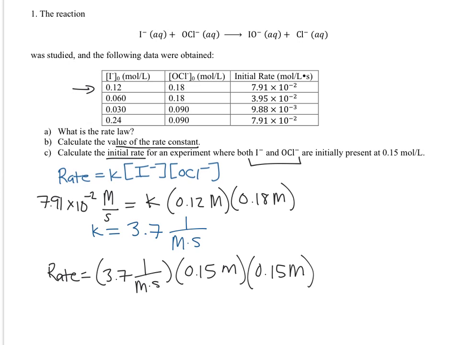Now I've carried all my numbers in my calculator, so my answer might be a little bit different than yours, but I calculated the rate to be 8.2 times 10 to the negative 2 molarity per second. I hope that was helpful.